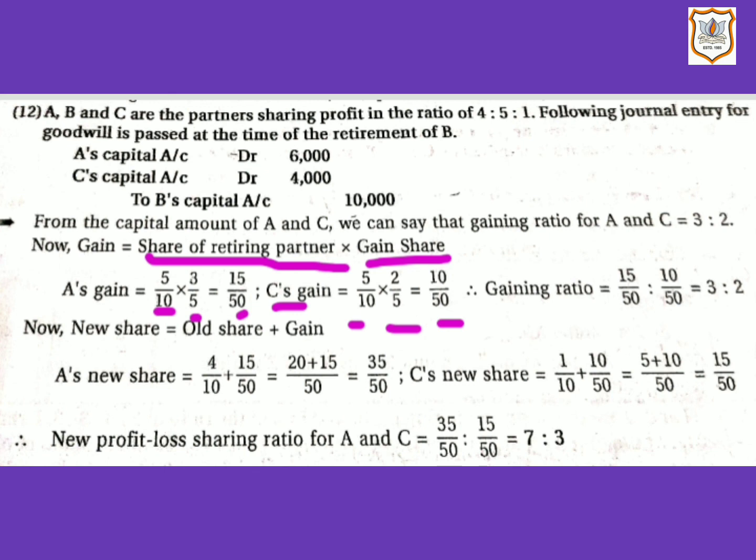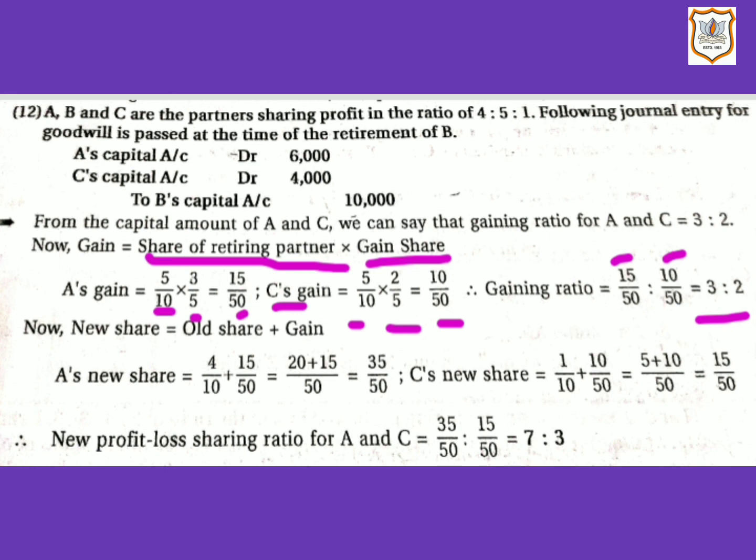Therefore, our gaining ratio is equal to 15/50 is to 10/50. As it appears in fraction, if we bring it to simple figures by taking LCM, we will get 3:2 as the gaining ratio.